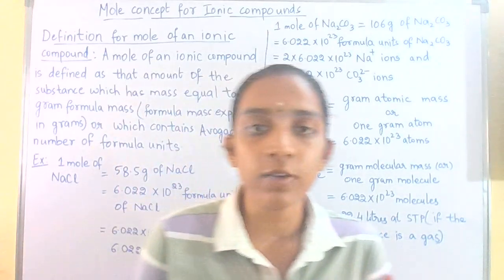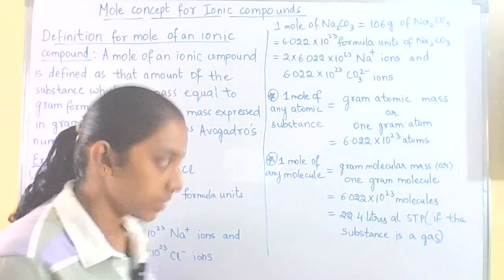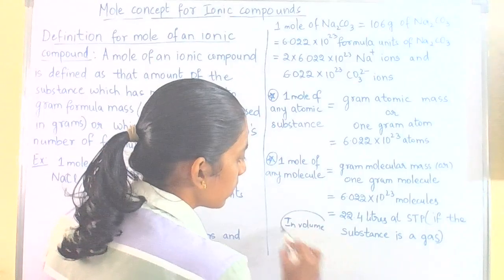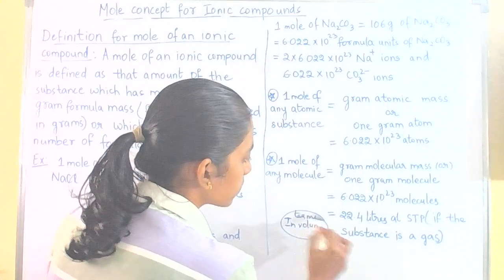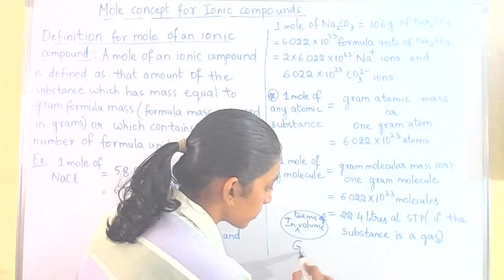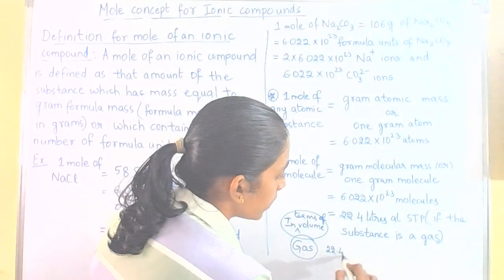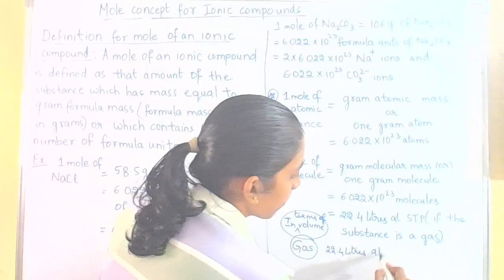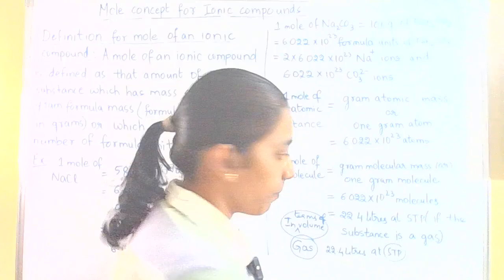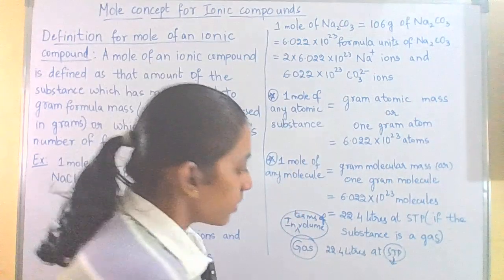And in terms of volume, a mole is defined as that amount of gas whose volume is equal to 22.4 liters at STP. What is STP? Standard temperature and pressure. What are the conditions for standard temperature and pressure?